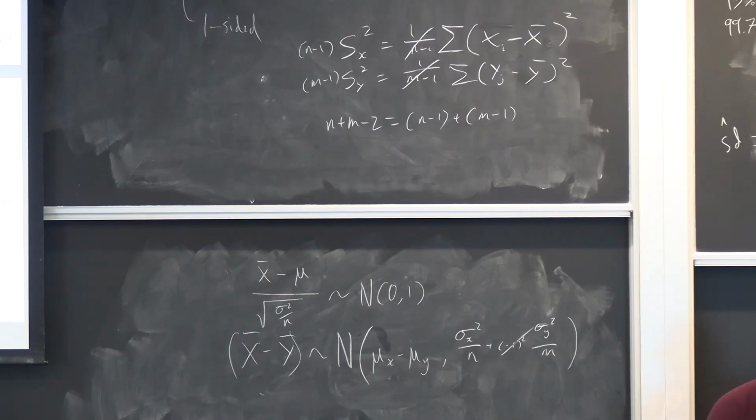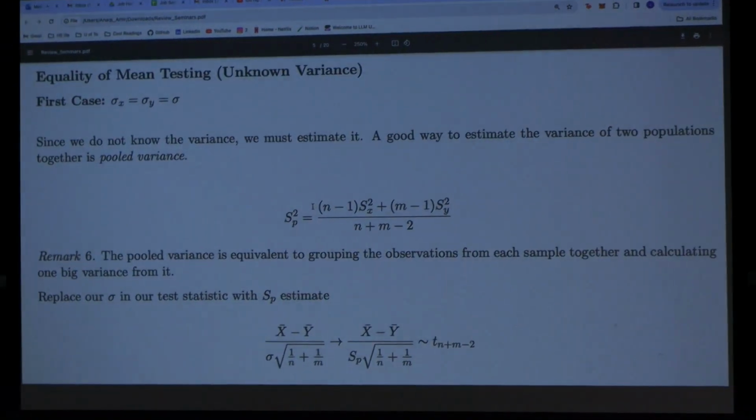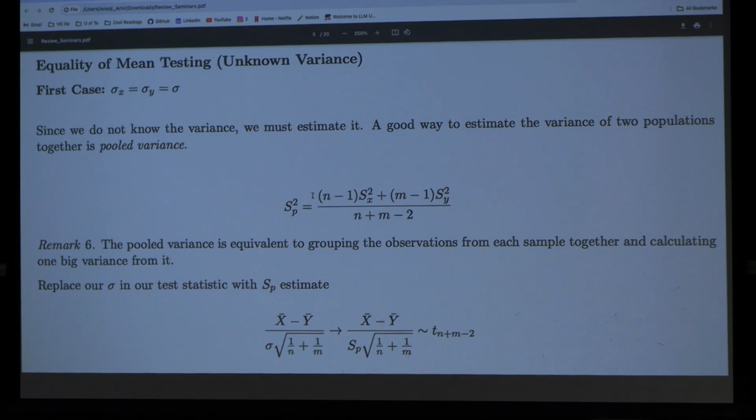Now, using that, assuming that all the variances are equal, then we can factor out the standard deviation, and then we can replace that standard deviation with our estimate. And this changes our test statistic from a normal distribution to a t-distribution with n plus m minus 1 degrees of freedom.